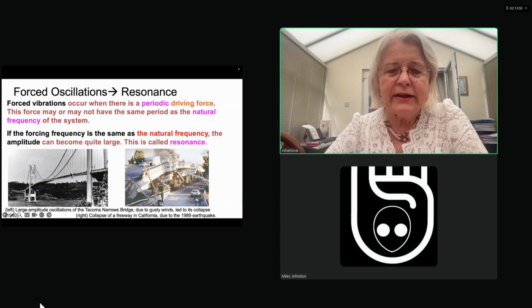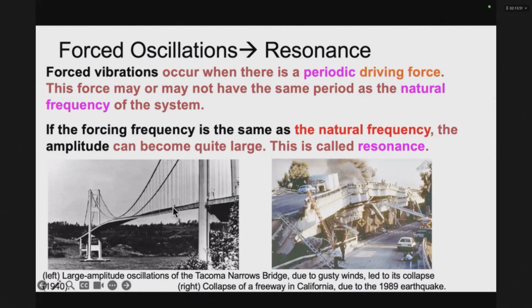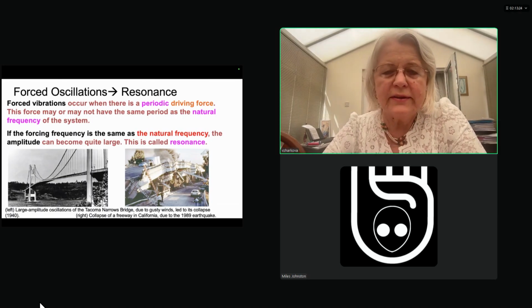It was built much earlier, and they forgot to calculate its natural frequency, which turned out to be close to the frequency induced by a gale of 50 miles per hour, very frequent in that area.